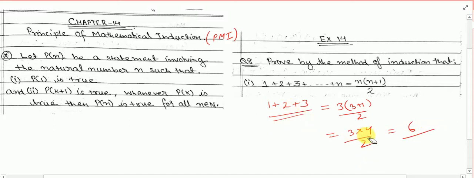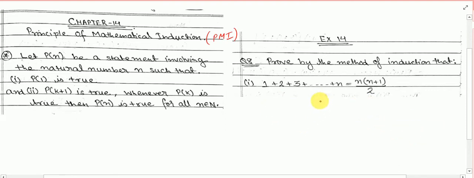So in this chapter we shall prove that the statement involving n, where n belongs to natural numbers, will be true for all the natural numbers. For that we have to follow this procedure.